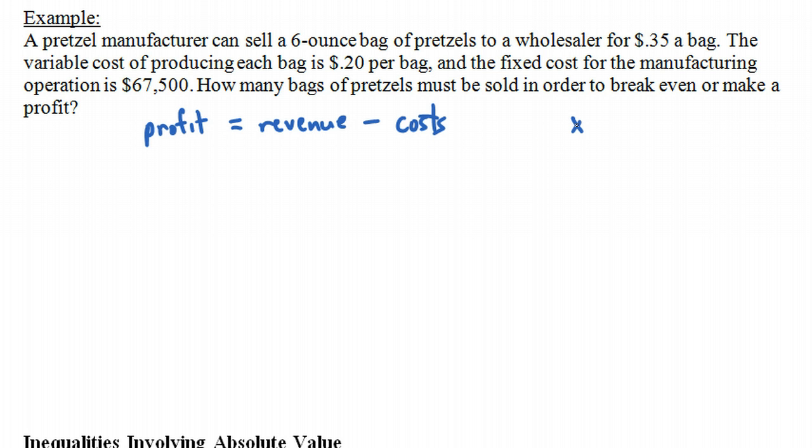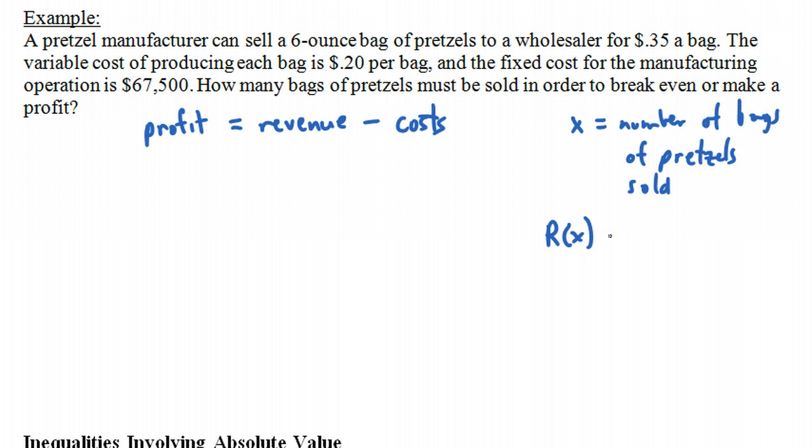Now what is the revenue? If we let x be the number of bags of pretzels sold, and we let R of x be the revenue, the revenue is going to be 0.35x. So again, what's R of 100? How much money do they get if they sell 100 bags of pretzels?